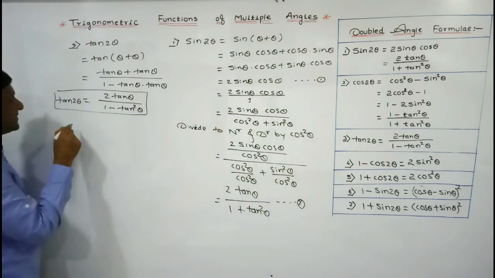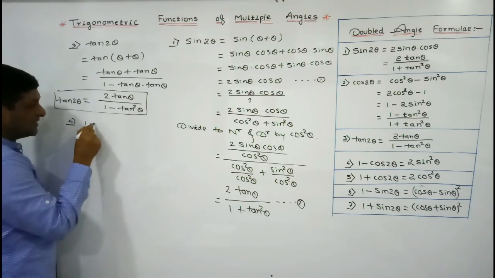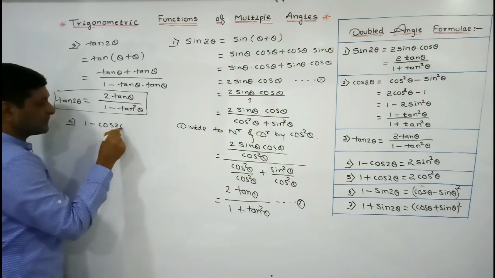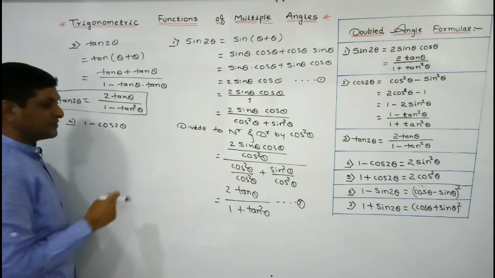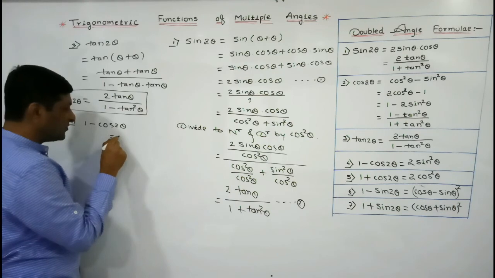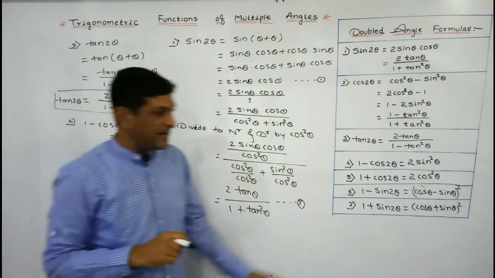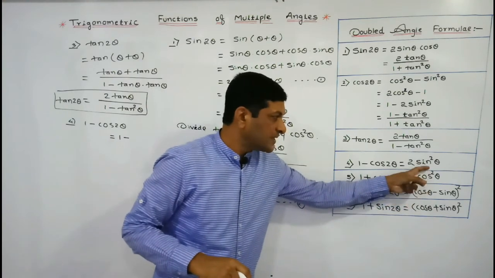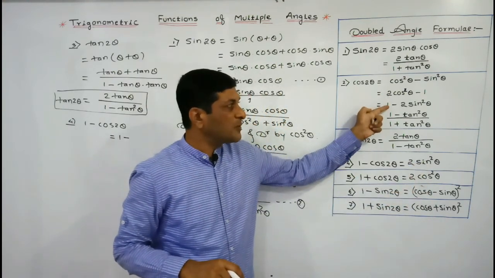So what is the left hand side of the fourth formula? That is 1 minus cos 2 theta, and simplifying it, we have to show that its value is equal to 2 sin square theta. So which is equal to 1, keep it as it is, minus also as it is. Adjust, and our required result is in terms of sine. So that's why we are applying this formula of cos 2 theta.